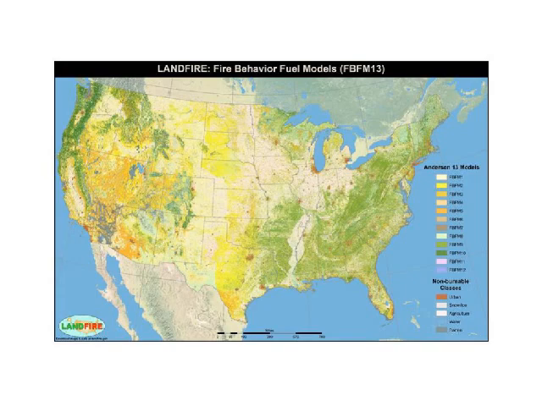But these are sort of simplifications of what the natural environment is like. So this is just a LANDFIRE-produced map of the 13 fuel models that Anderson presented, and some of these are still commonly used. And then there's the Scott and Burgan 40.